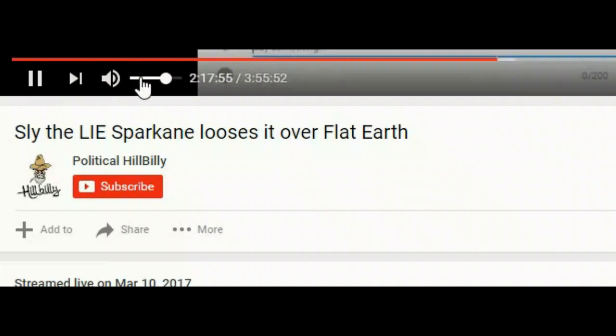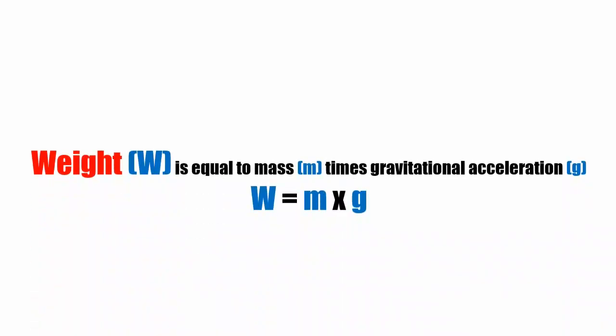Well, there's one thing that they try to misuse the word for their density or buoyancy formula. They try to use weight as gravity there.